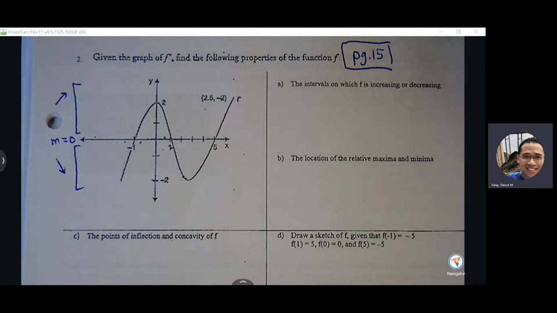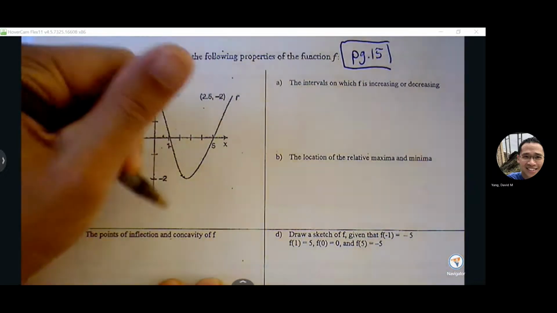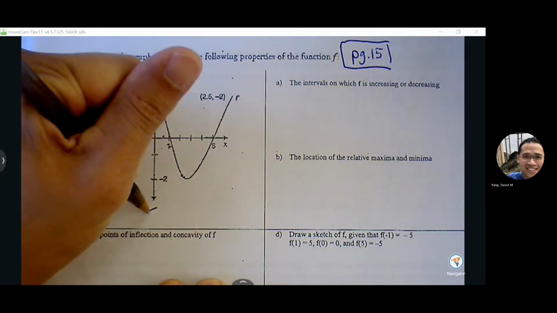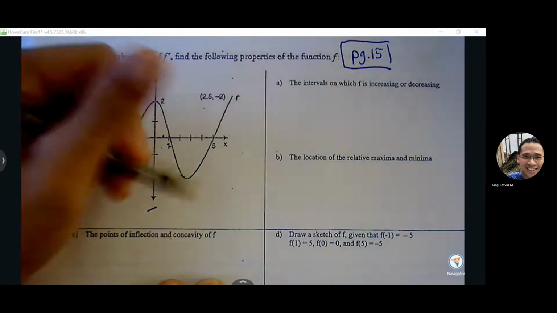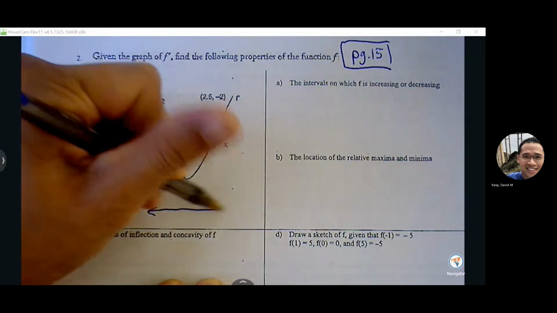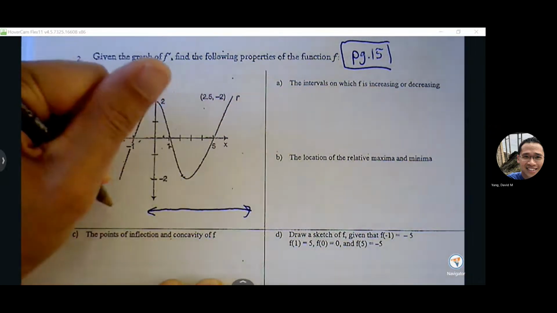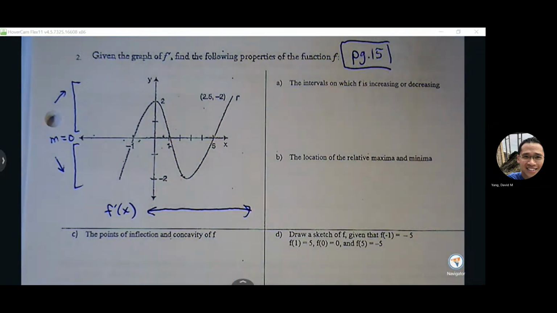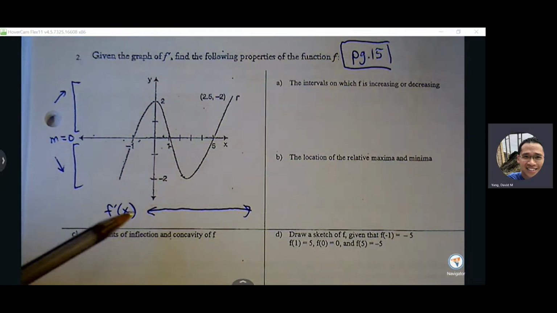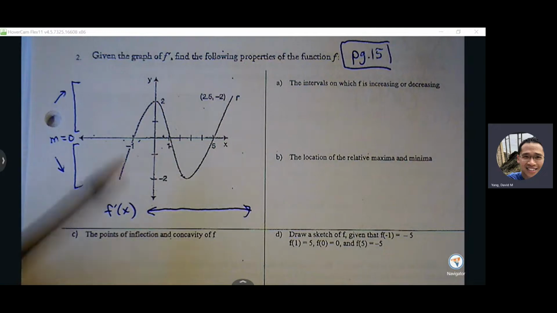So here's my first derivative sign line. I first pick off my slope zeros.